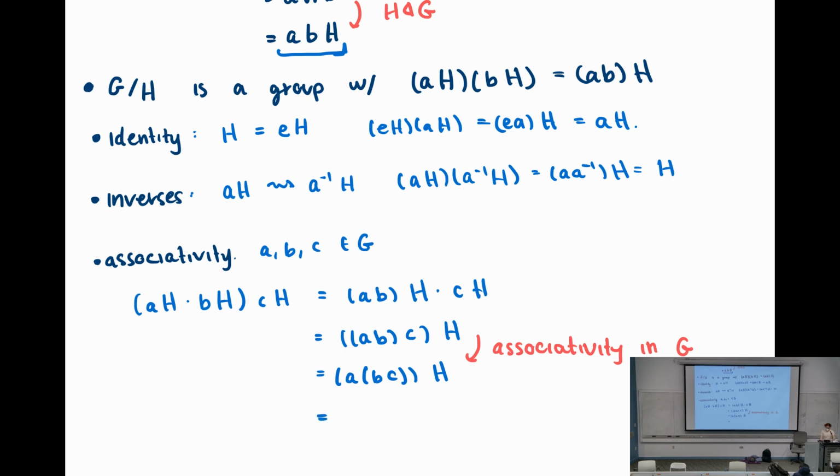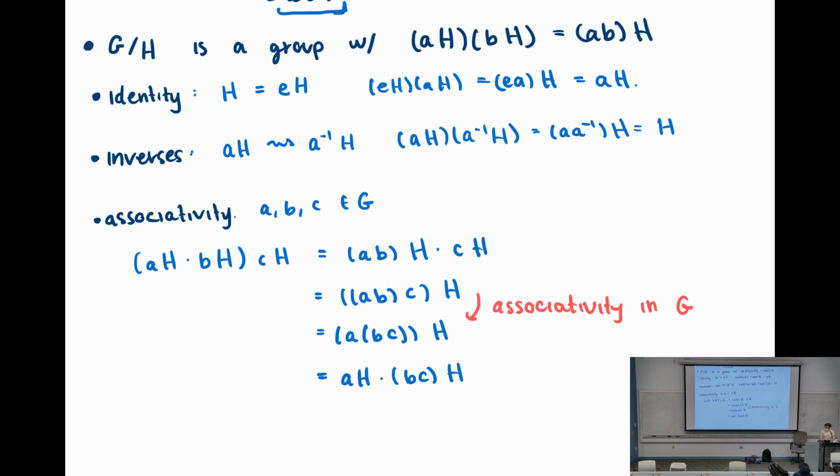So this is AH times BCH. And then unmultiplying again, this is AH times BH CH. Okay, so associativity works. And that was the last thing that we needed to show that this is a group. So that completes the proof.